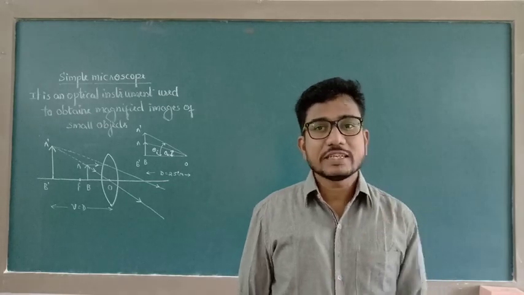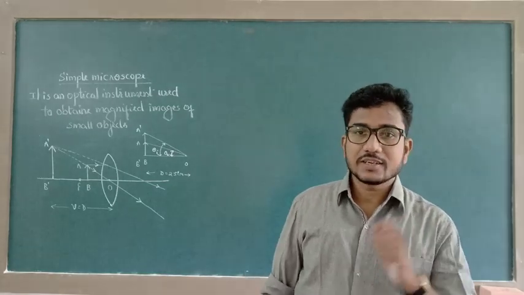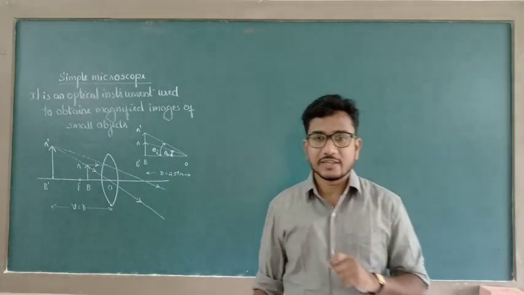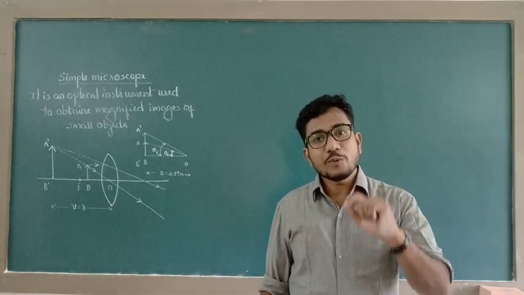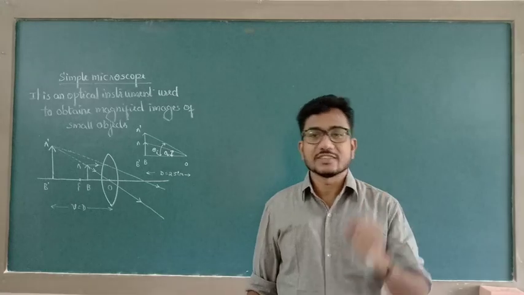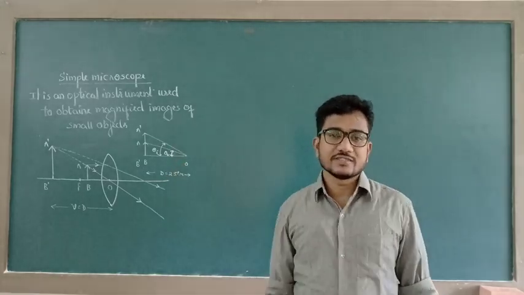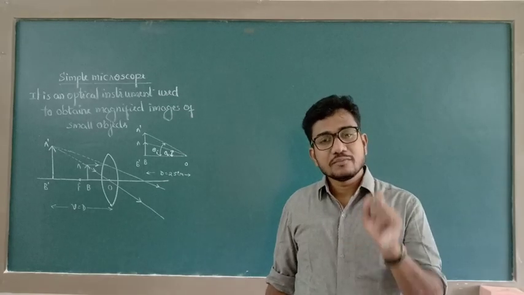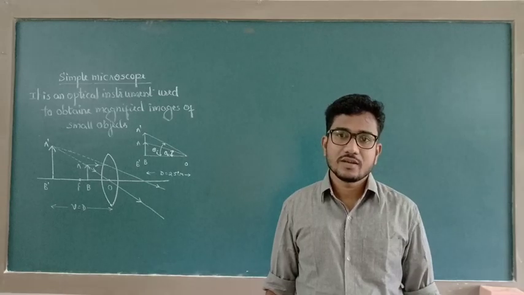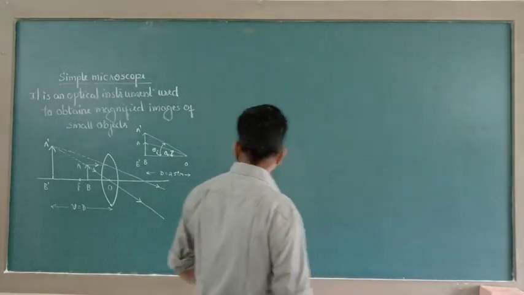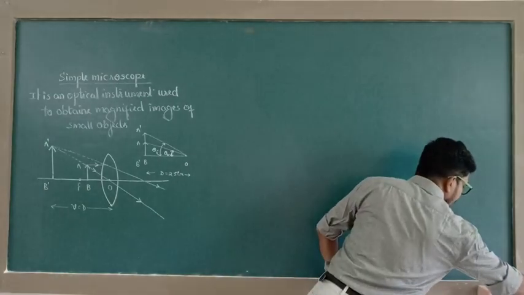Similarly, angular magnification is the ratio of the angle made by the image at the optical center to the angle made by the object at the optical center, when both are at the same distance. This is known as angular magnification or magnifying power. So let us note down the definition for angular magnification.